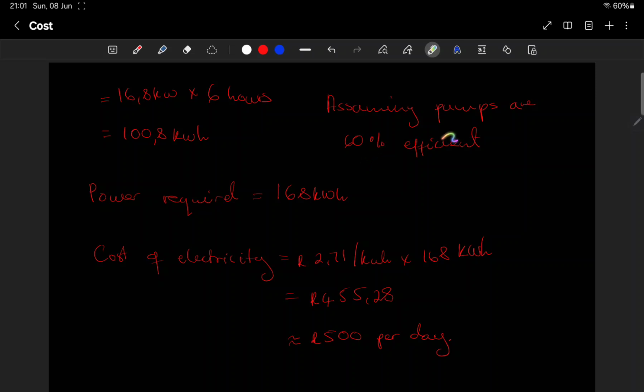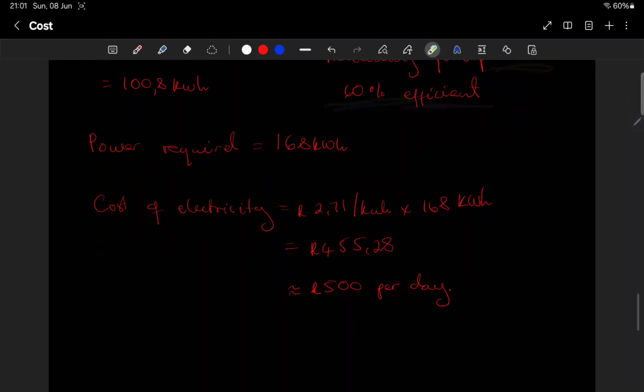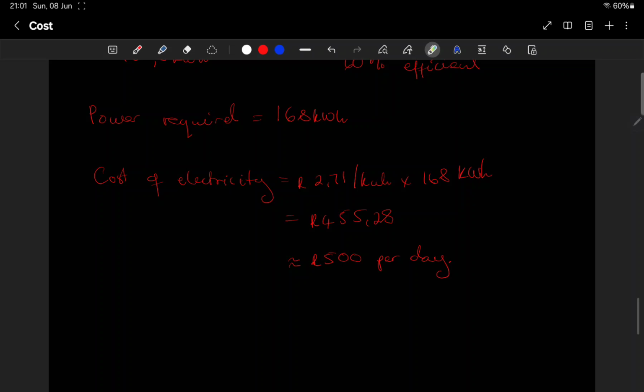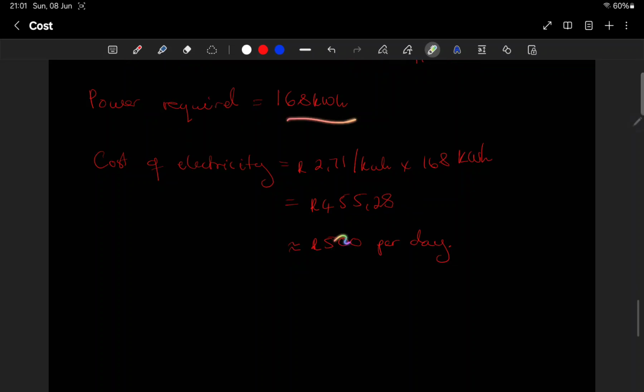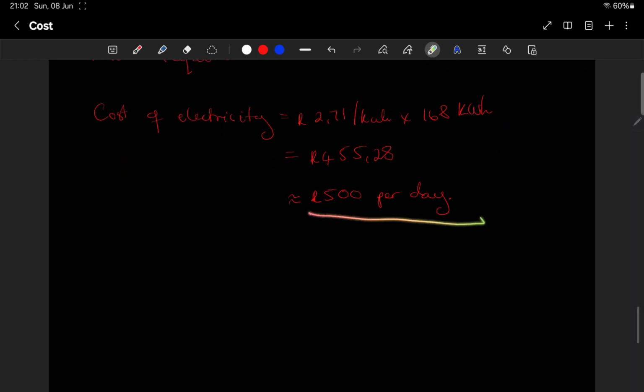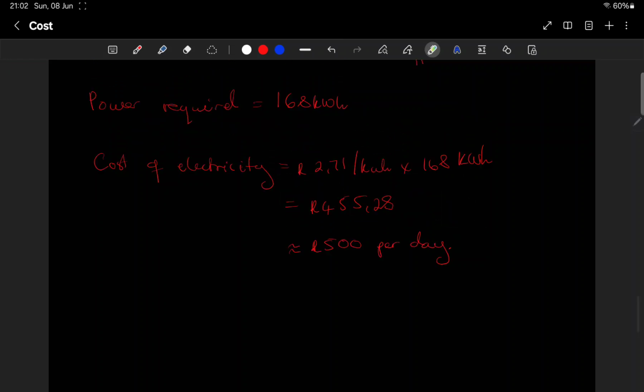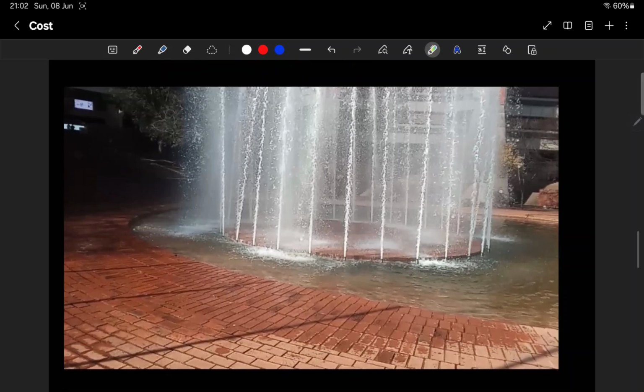Assuming the pumps are 60% efficient, this is the amount of energy you need to supply to the whole thing. Using that to calculate the cost at 2 Rand 71 cents per kilowatt hour, you get approximately 500 Rand per day to run this fountain. So yeah, that's it.